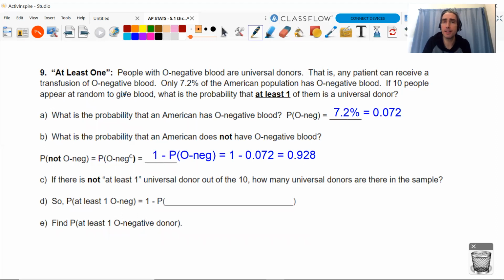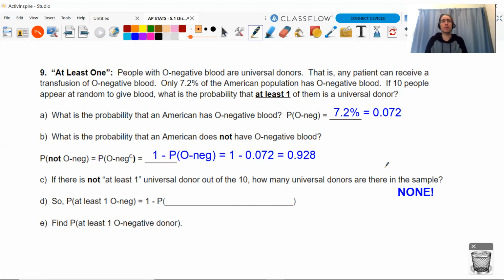Part C, if there is not at least 1 universal donor out of 10, how many universal donors are there in the sample? Well, if I don't have at least 1 out of those 10, then I would assume that I have 0. Think about it. If there's not at least 1, then nobody in the sample is a universal donor.